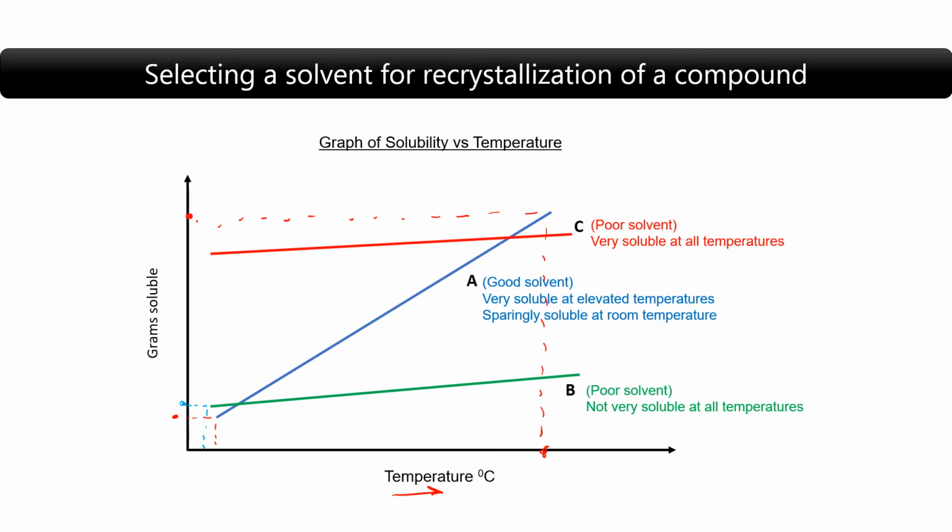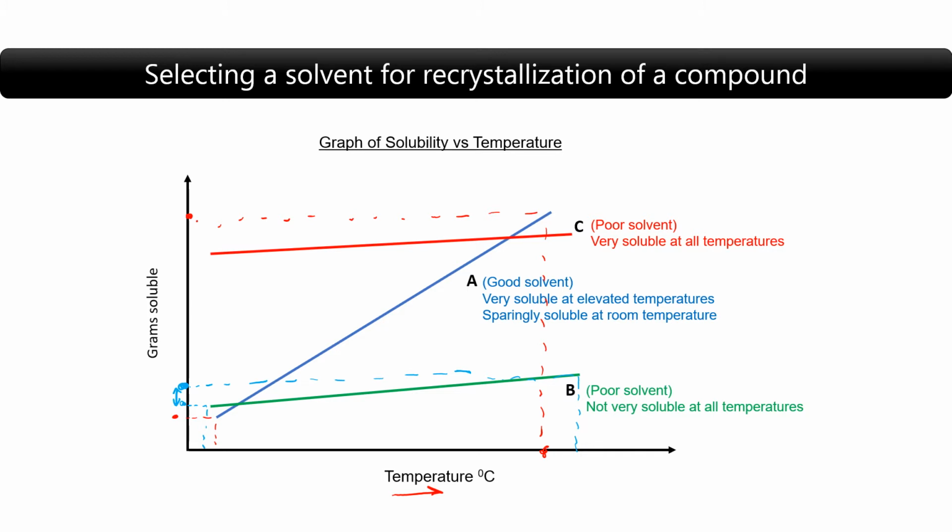But even if we heat the solution to a high temperature, the solubility of the compound in this solution hasn't increased by a lot. So this behavior is not appropriate to obtain pure crystals by recrystallization.